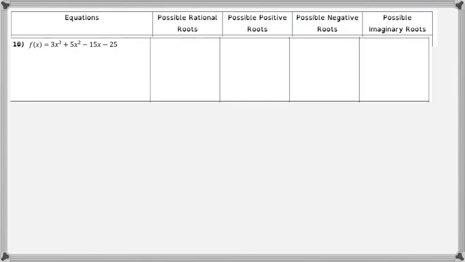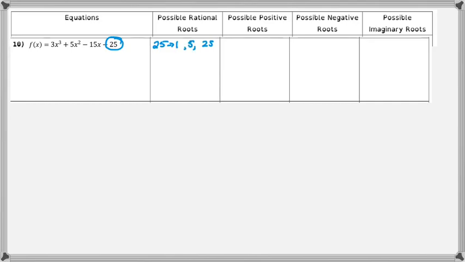So again, we're going to start by dealing with our possible rational roots. And so my constant is 25. I'm looking for the factors of those, which are 1 and 25 and 5 and 5. So I have 3 there.